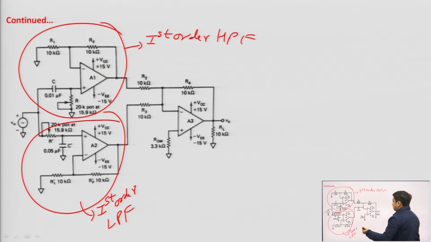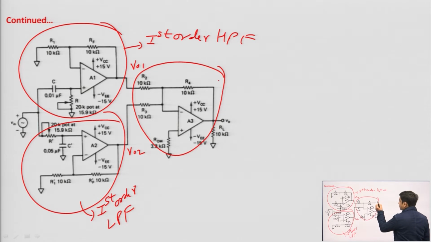And what we are doing, let us say the output of first order high pass filter is VO1 and the output of the first order low pass filter is VO2, and we are just adding this VO1 and VO2 with the help of summer circuit. So, this A3 op amp is the summer circuit.